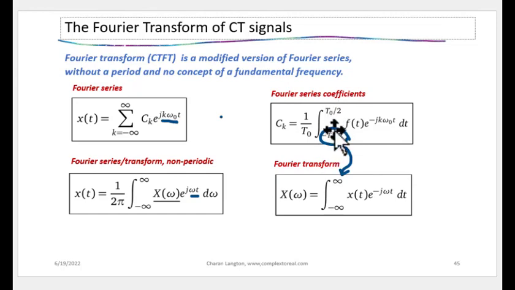Whereas the period here is T0, here it is infinity. So now let's shift into how this expression is actually developed from Fourier series to Fourier transform. It's not very often shown in books, so I'm not sure if it's covered in your classes or your books, but here it is.